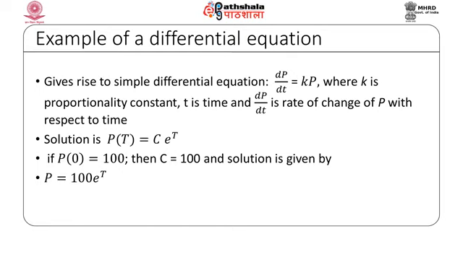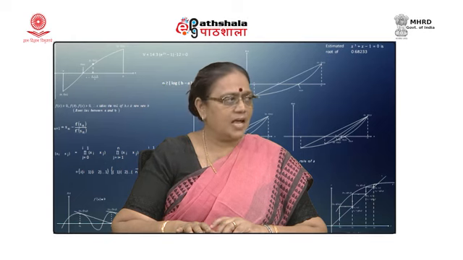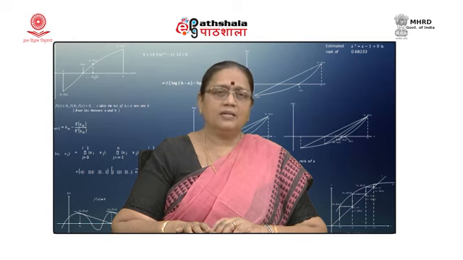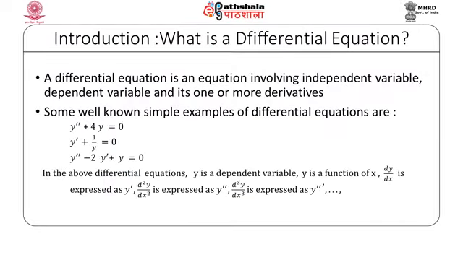And so, if you want to estimate the population 2 years hence, we will put t equal to 2 if t is measured in years, and we will get the population as 100 into e squared. So, this is an example of a very simple differential equation which needs to be solved to get a particular solution.